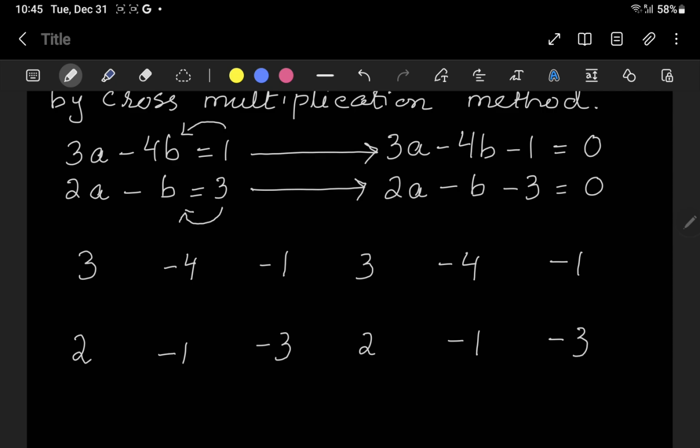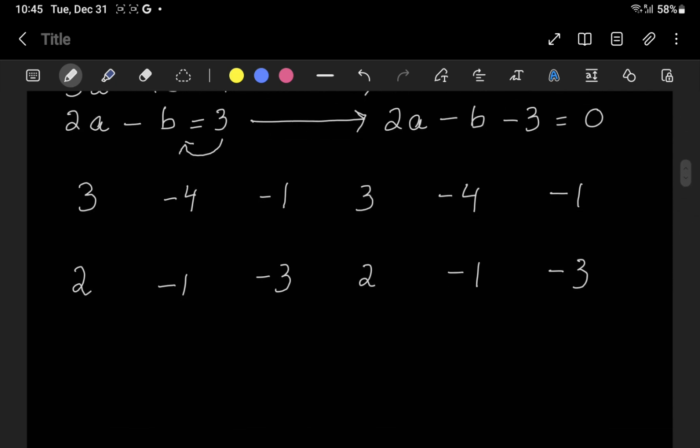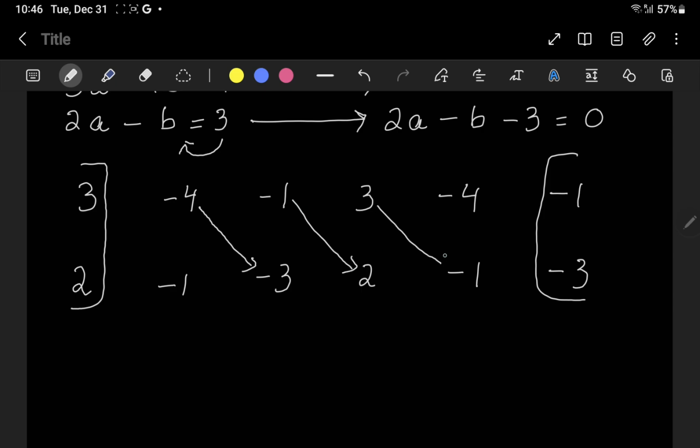Now in the next step, the first two numbers and the last two, we hide these and we only consider the four middle numbers. We draw arrows from tail to head, tail to head, again tail to head and tail to head.